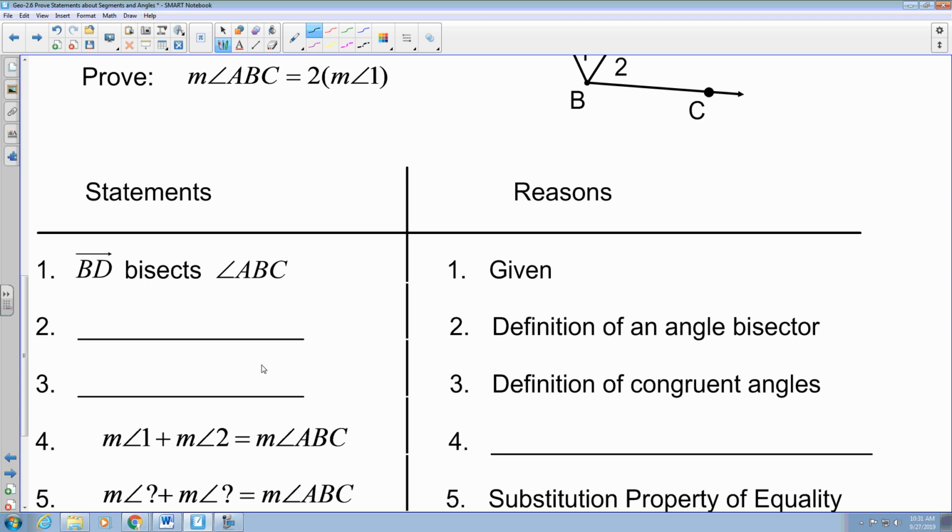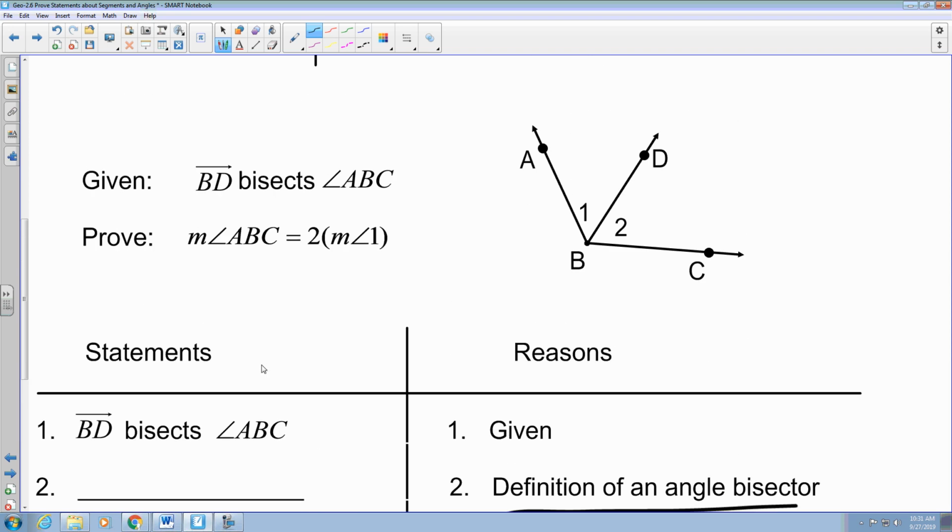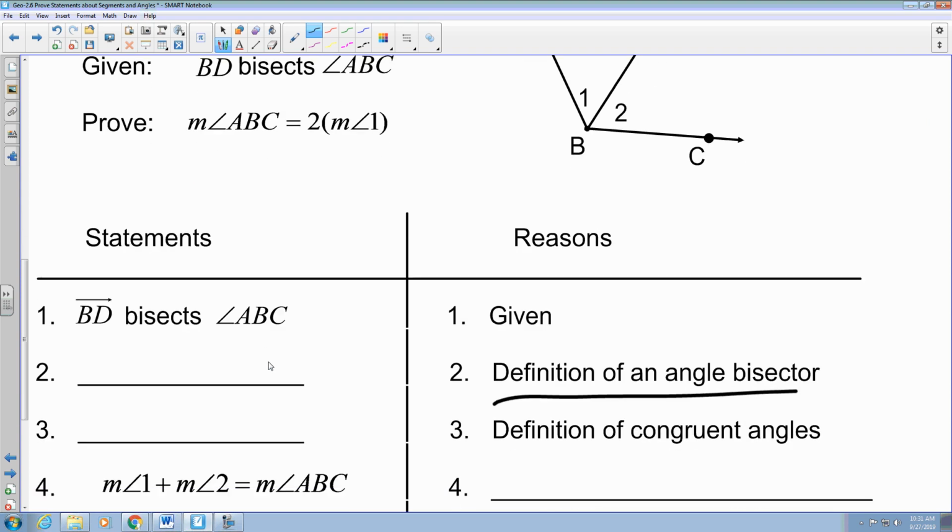Second thing here, we have a blank, but it talks about the definition of an angle bisector. The definition of an angle bisector is whenever you have a ray or a line that bisects an angle, it splits that angle into two equal parts. So since it's going into two equal parts, we can say that angle 1 and angle 2 are congruent. So angle 1 is congruent to angle 2, and by definition of angle bisector, that is our reasoning.